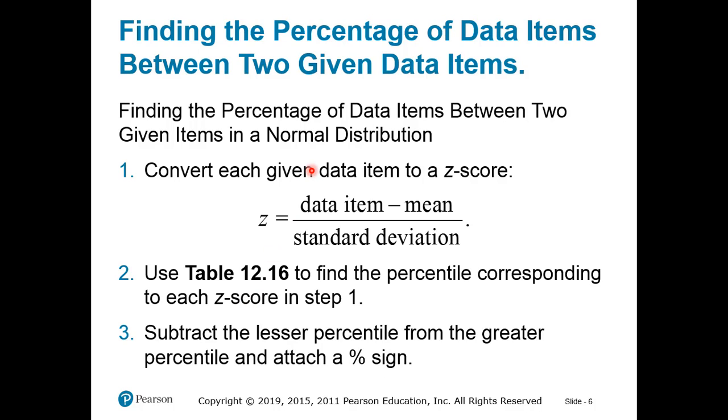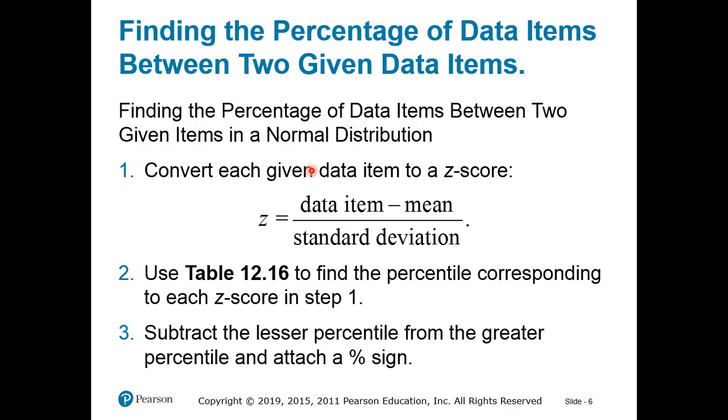If you're looking for the percentage of values less than a particular value, you take the percentage that the table gives you. If you're looking for values greater than a particular value, then whatever the percentile is on the table, you subtract that from 100, and that gives you the percentage that is greater than.